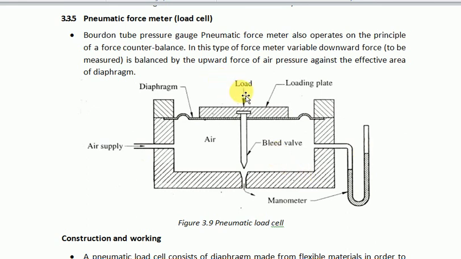If excess load is applied, this will completely close this bleed valve, and whatever the air is supplied, that pressure will be created on this manometer, and this manometer will show the deflection. That deflection will be measured, and based on that the force will be calculated.